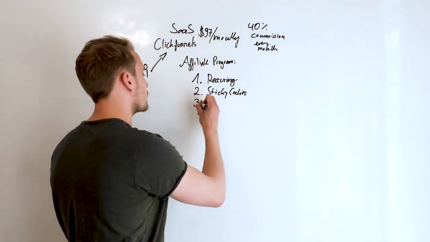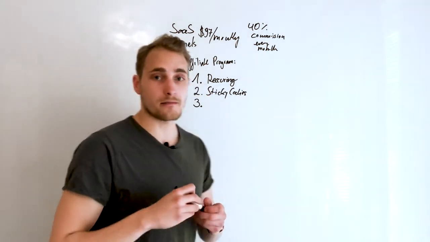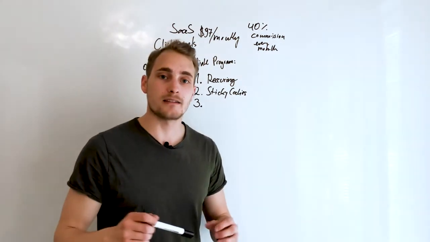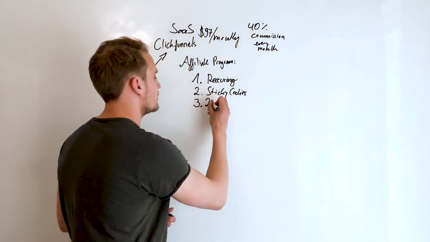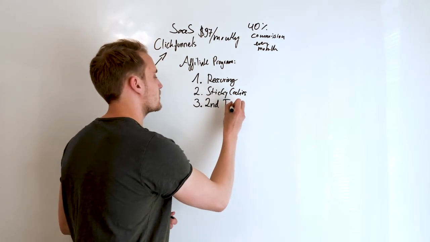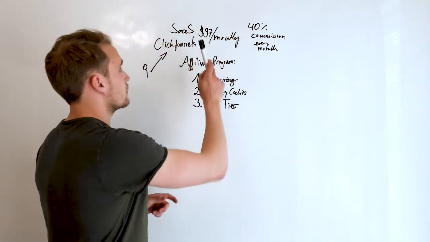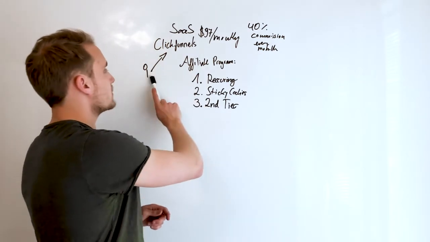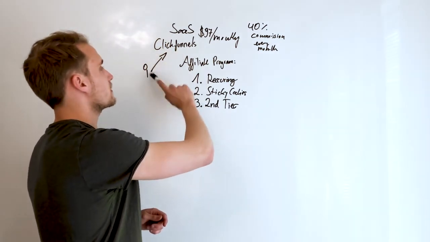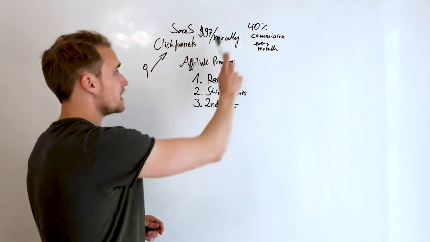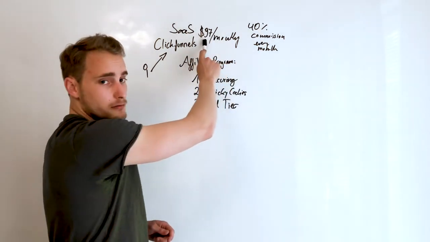And the third reason why ClickFunnels has an amazing affiliate program is that they have a second tier, okay? So what does a second tier mean? Basically, we said we refer this guy to ClickFunnels. This guy then pays $97 monthly to use the software, and we get 40% of that, right?